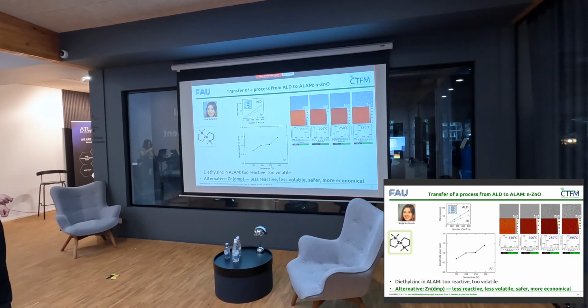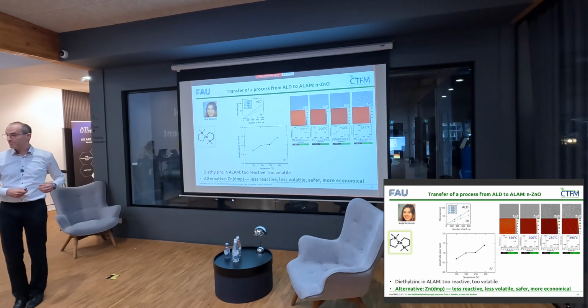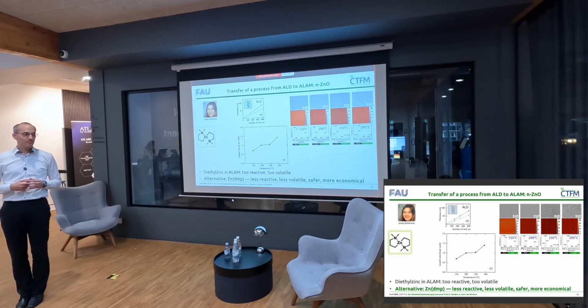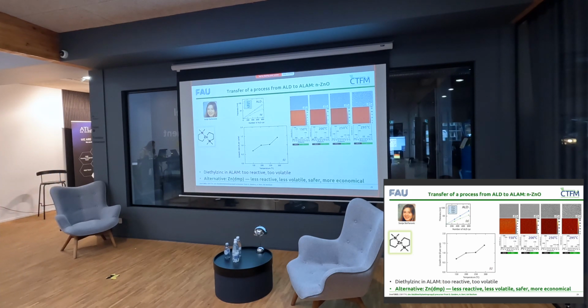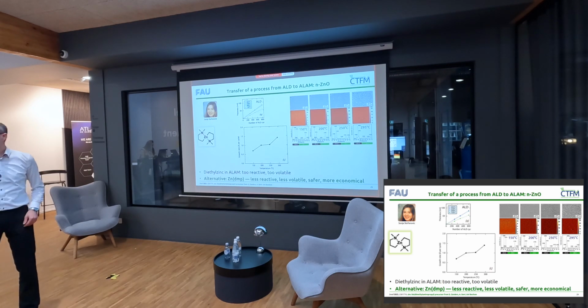So we decided to use a precursor obtained from Anjana Devi in Bochum that has lower vapor pressure and lesser reactivity. We first did the ALD study, and you measure growth rates, you get an ALD window. We also observed that it's crystalline with a preferred orientation that depends on temperature, with a morphology that slightly depends on temperature.